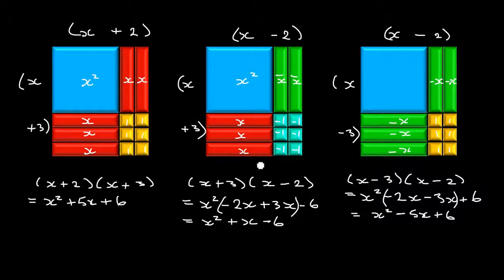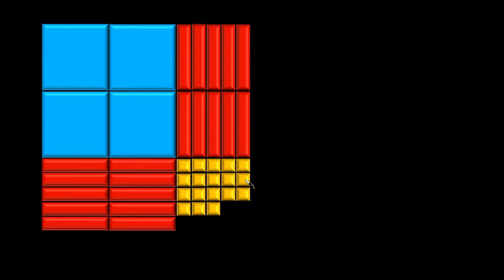Okay. But I said just now that what we're going to look at is an example where these middle terms don't just add together or nearly cancel each other out, but actually cancel each other out. Okay, so what will that look like? Well, if I show you a rather larger example, that might make things a little clearer. So now we've set up these algebra tiles, what have we got?